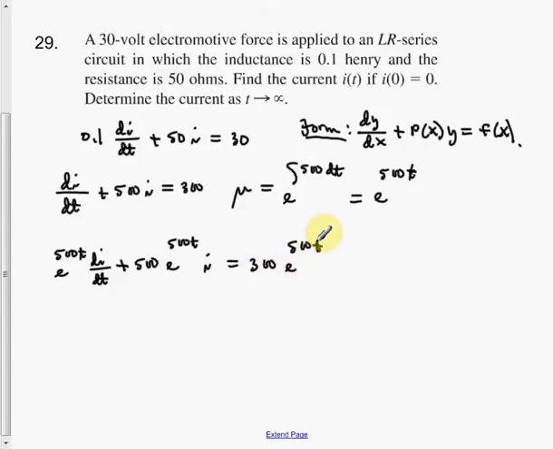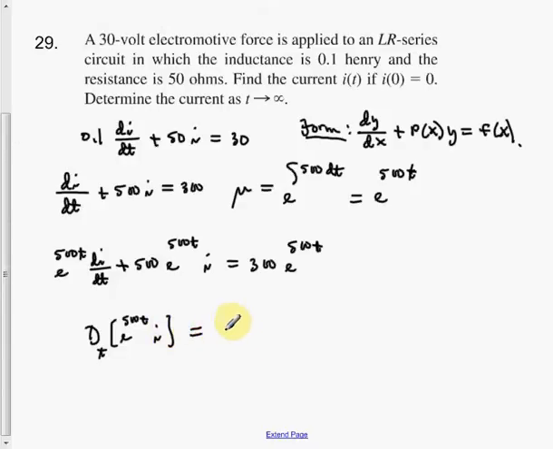The idea is that once you find the integrating factor, just multiply it to the entire equation. The left side becomes automatically the derivative of the product of the integrating factor and the dependent variable. So this is the derivative with respect to t of the product of the integrating factor e to the 500t, and the dependent variable, excuse me, is I.